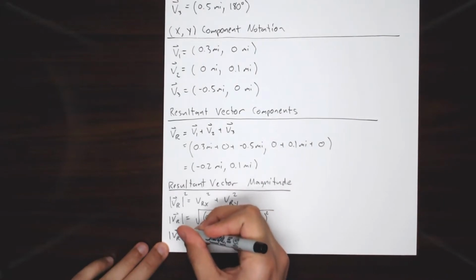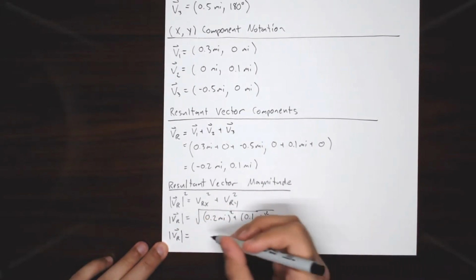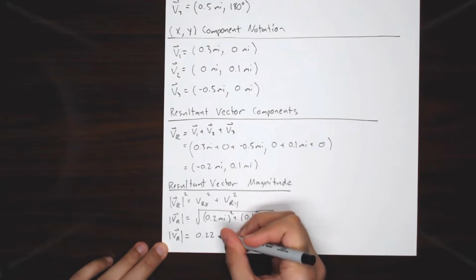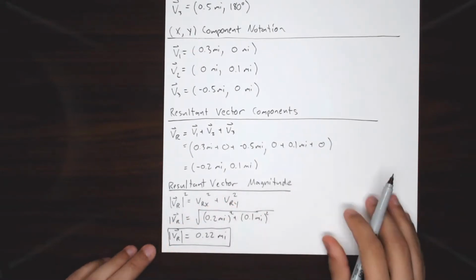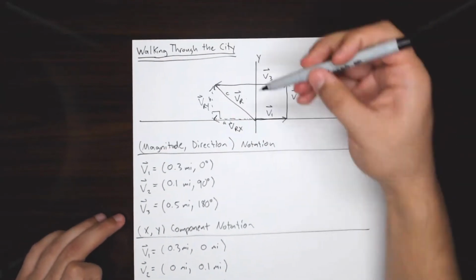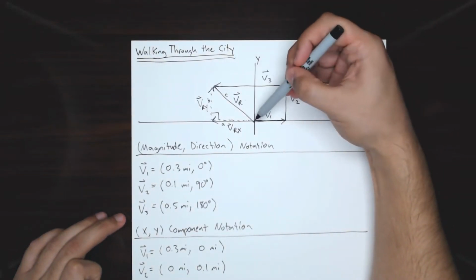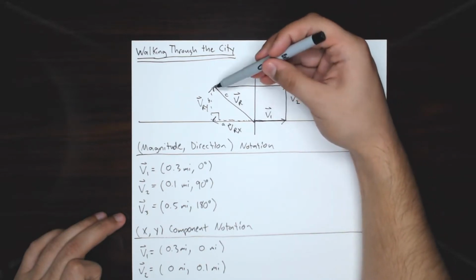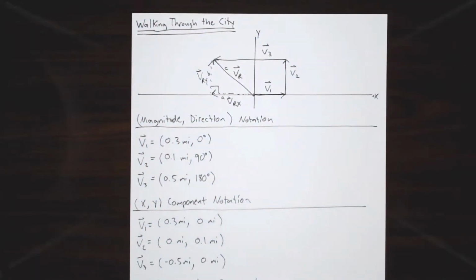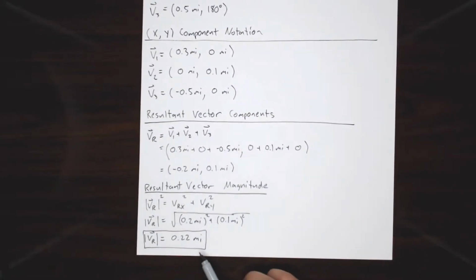So this comes out to be approximately 0.22 miles. And that will be the magnitude of our resultant displacement vector, which is this displacement. Takes us from the start point to the end point in a straight line. So that's our displacement from our starting point.